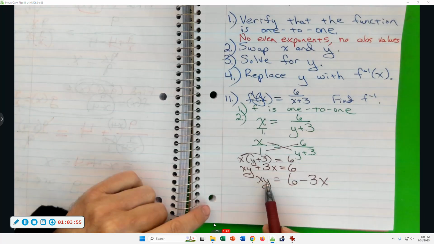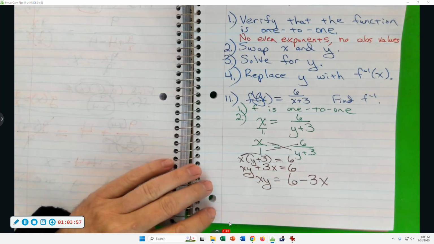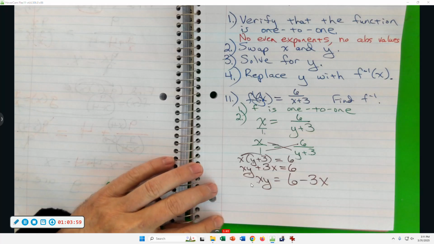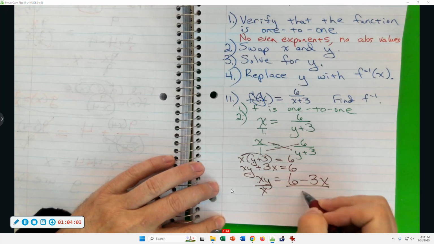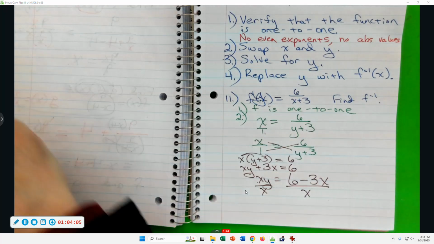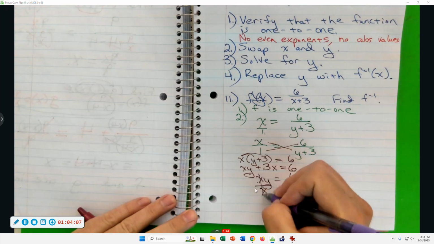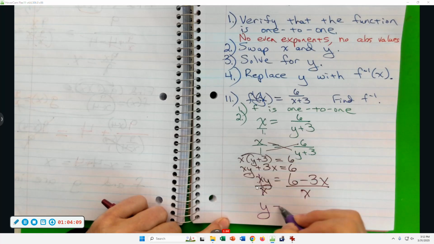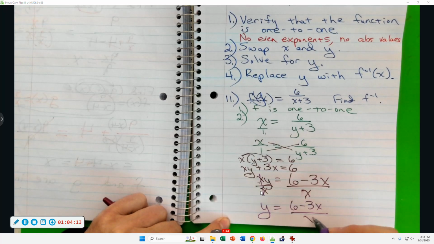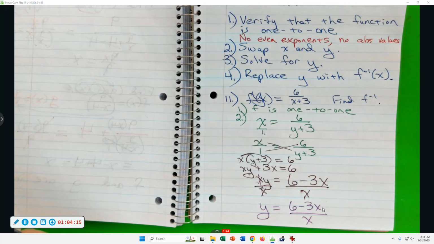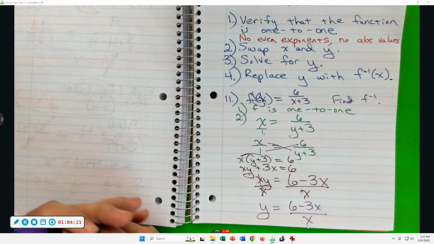Now x times y, what are we going to do to get rid of that x on the left side? Divide by x. And that will give us y equals 6 minus 3x all over x. Don't get carried away and cancel the x's. That's not factored on top. You can't factor if you're not canceling.